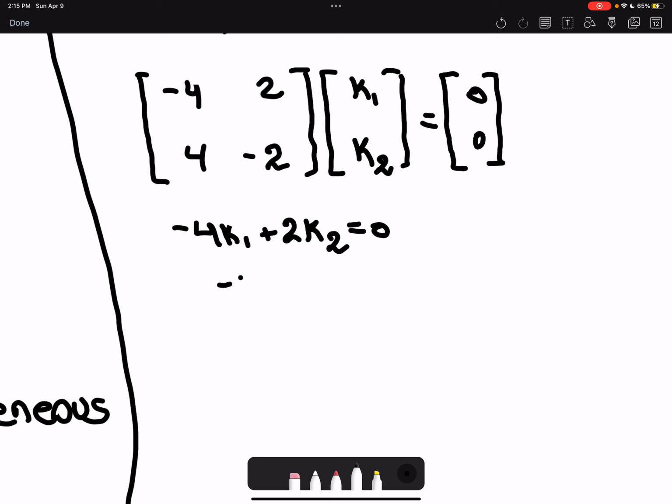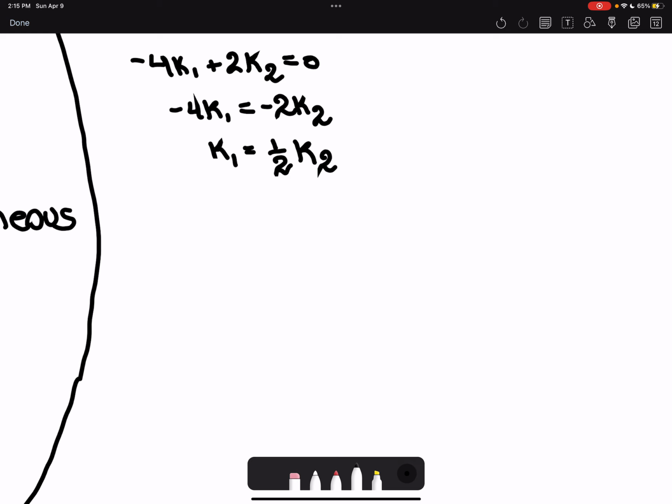Or in other words, I can say negative 4k1 is equal to negative 2k2, or k1 is equal to, if I divide both sides by negative 4, 1/2 k2. So if I let k2 be 1, k1, well, let's make k2 be 2 so that we take away the fraction. So now we have our first k vector, the vector 1, 2.